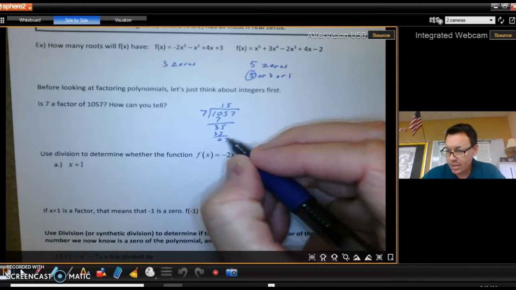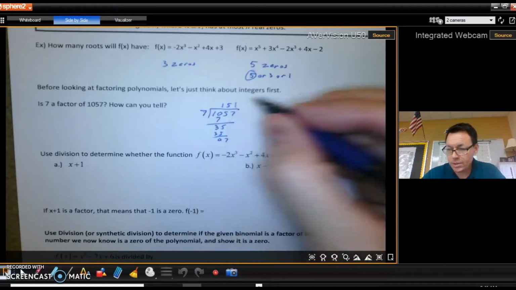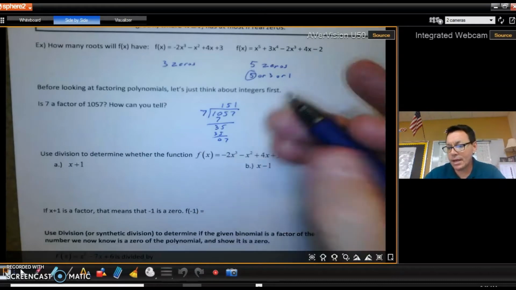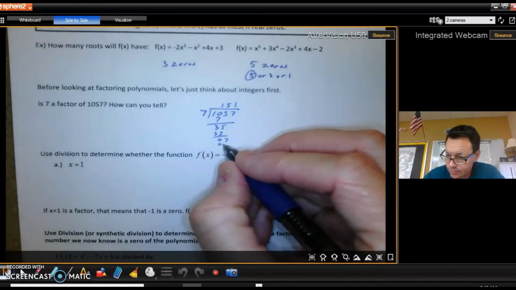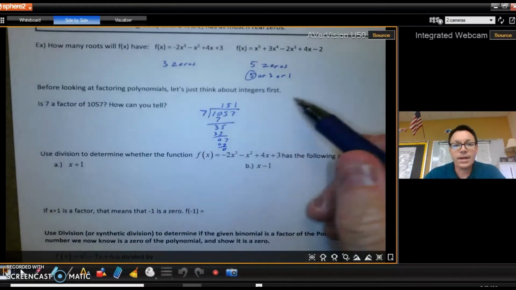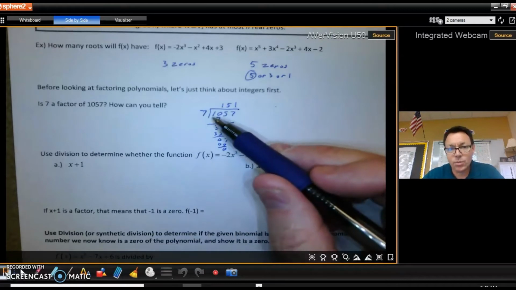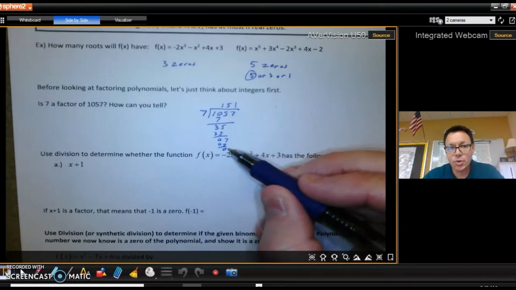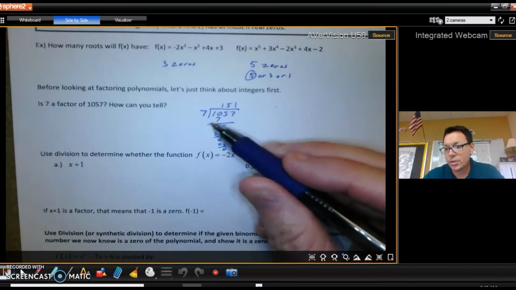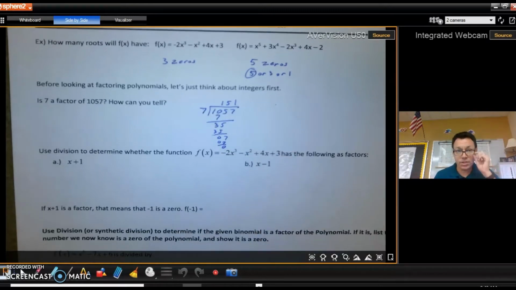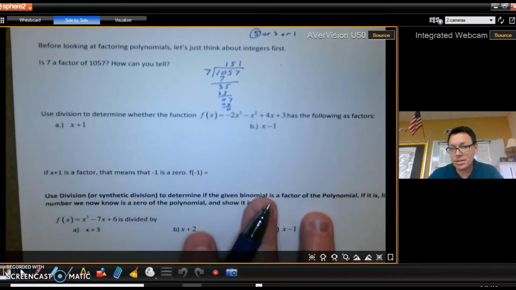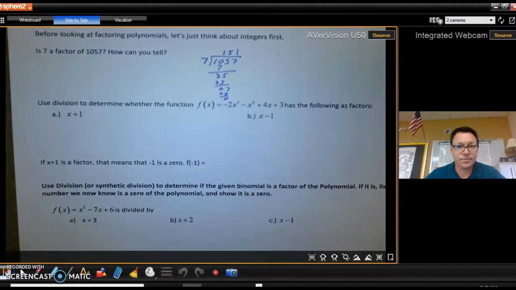Bring down the 7. 7 goes into 7 once, so that's our answer. The fact that 7 divides into 1057 and there's no remainder, that it goes in evenly, that's the definition of being a factor. And that's the same idea we're going to use for this next section.